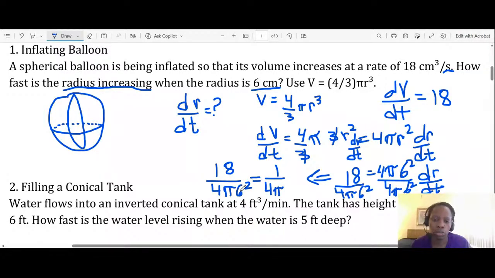Because 18 times 2, so we're left with just 2, right? We're left with just 2. It'll just be 1 over 8 pi.